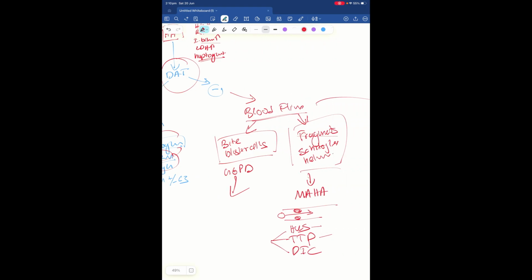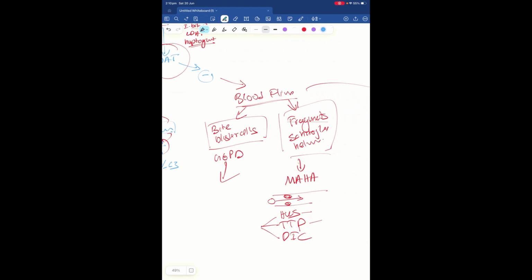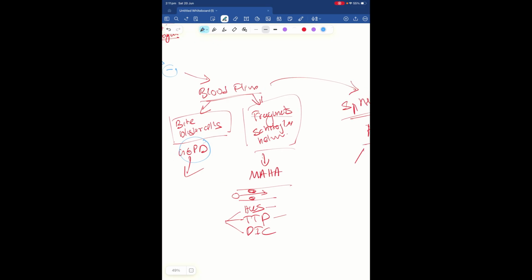If it's negative, then again you do the blood film. If you see bite and blister cells, that's your G6PD deficiency. I explained how it happens: oxidative stress, hemoglobin denatured, the reticuloendothelial system tries to remove it by biting those parts off, so you get bite and blister cells. And if there are fragments, schistocytes, or helmet cells, that's going to be microangiopathic hemolytic anemia, because the red blood cells break down from sheer stress when passing through narrow paths.